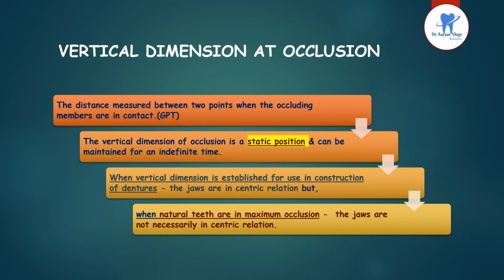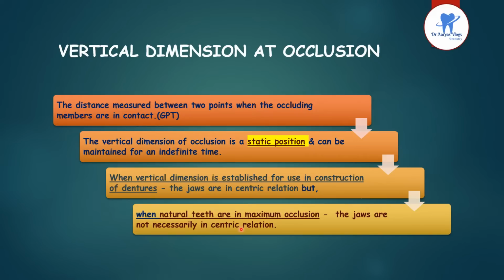Okay, let's discuss what is the vertical dimension. The distance between 2 points when the occluding members are in contact, according to GPT. The vertical dimension of occlusion is a static position and it can be maintained for an indefinite time. When the vertical dimension is established for use in construction of dentures, the jaws are in centric relation.